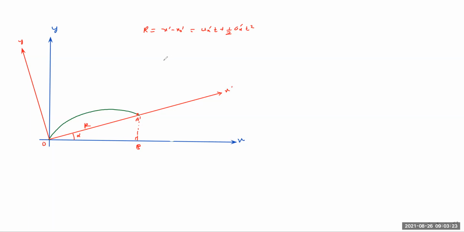So even this is an easy way of thinking, like we can directly substitute and get the answer. What is ux dash? Can you tell me? V naught cos theta minus alpha, into the time of flight we know already, plus half ax dash, which is minus g sine alpha.